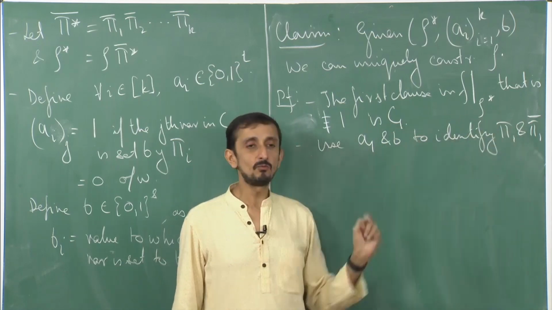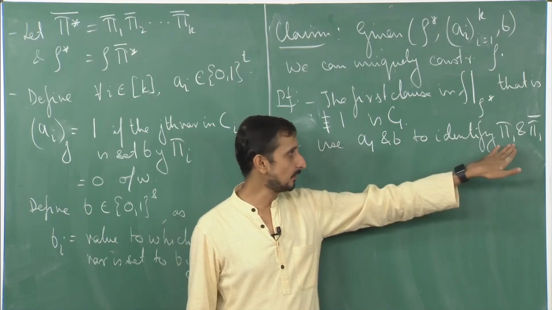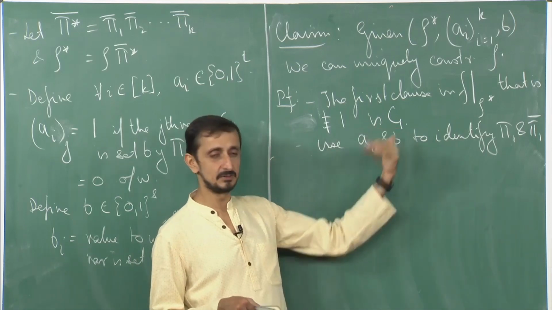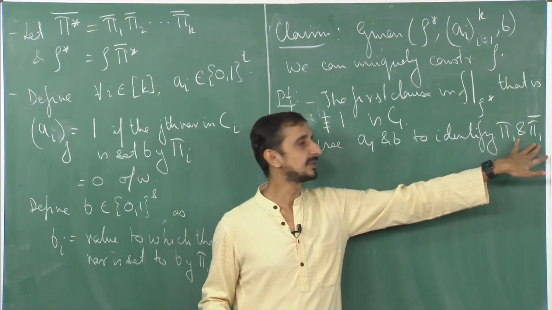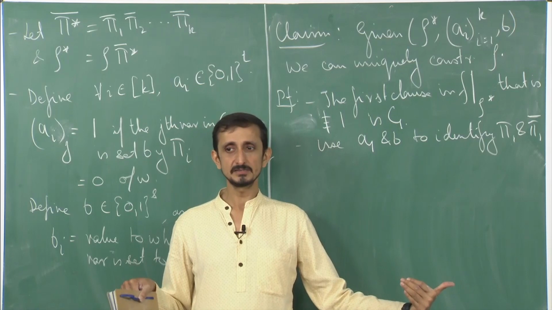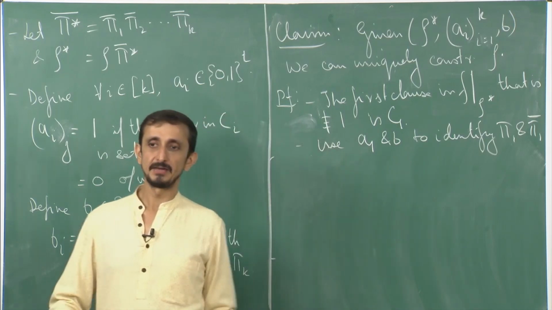B will tell me what are those values that they were set to. Okay. So, it now tells me what pi_1 is. Now, once I know pi_1, I have my clause C_1, I can look at the clause and at my values of pi_1 and I can get pi_1 bar, because pi_1 bar is a unique setting of those variables such that that clause does not become 1.